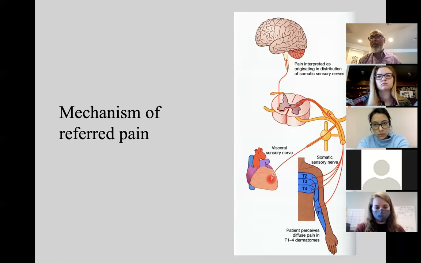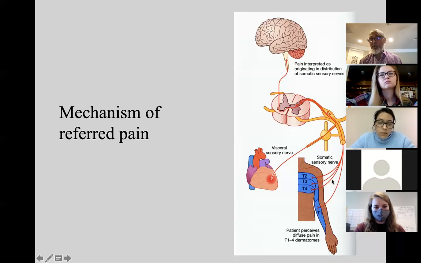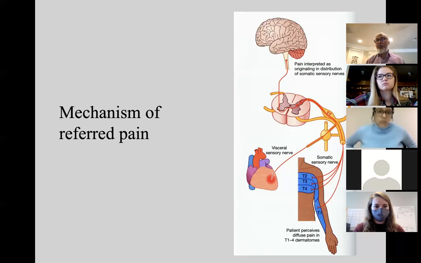So how will the brain know where the pain is coming from? The brain thinks as usual, it is coming from this area. You feel pain here. You go to the doctor, you say, I'm feeling pain here. Actually, you have nothing wrong in this area. The problem is coming from your heart. So this is a type of the brain getting confused about the source of pain. The brain thinks it's coming from here, so you feel pain here.